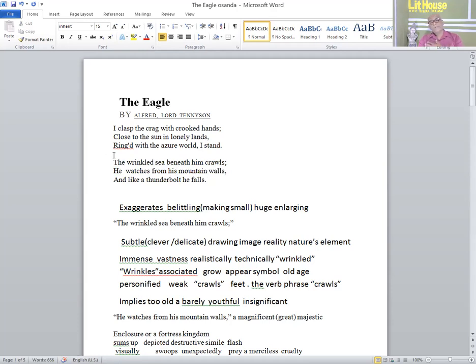Right. Now here you see, there are two nature images. One is the sea, the other is the eagle. Now you see, the sea is practically very large, huge, powerful, incomparable to the eagle's small power. But here, the sea is wrinkled sea.